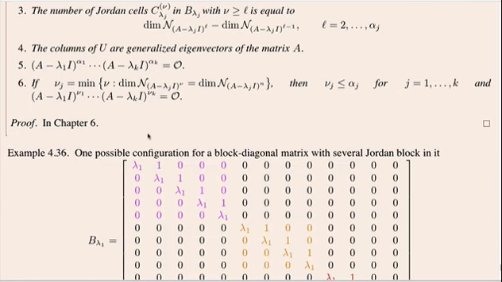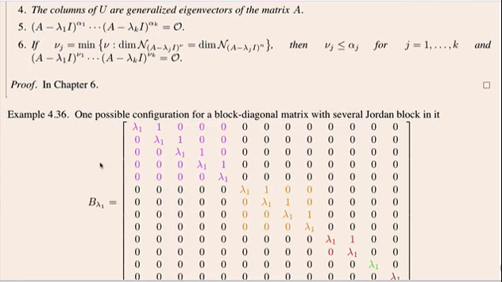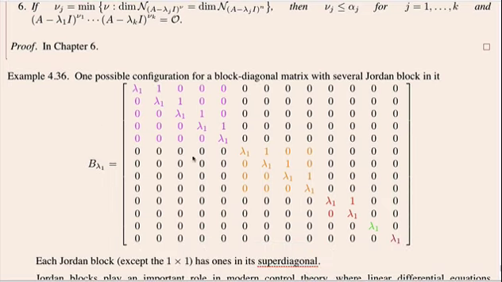Here is an example for one possible configuration for a block diagonal matrix that belongs to just one eigenvalue, lambda 1, and it has several Jordan blocks. Actually, it's Jordan cells, really, the small ones.